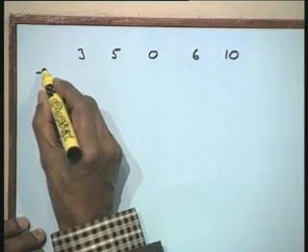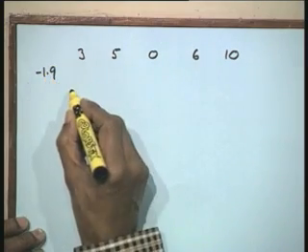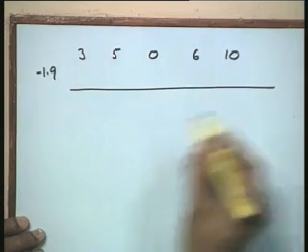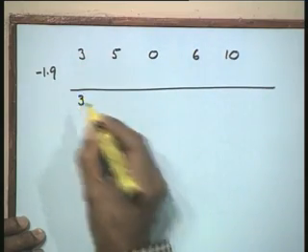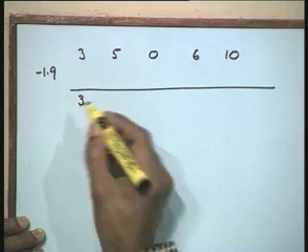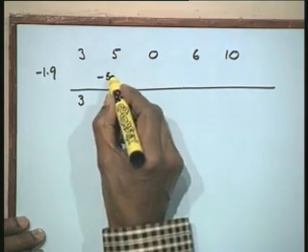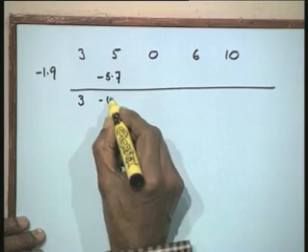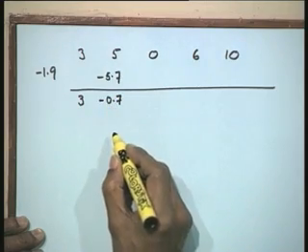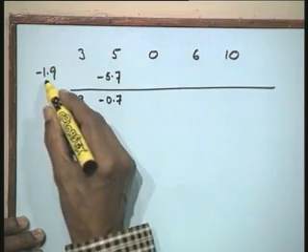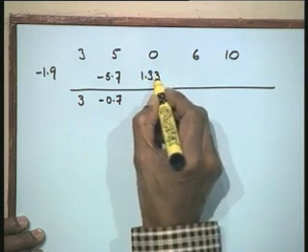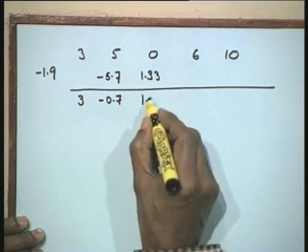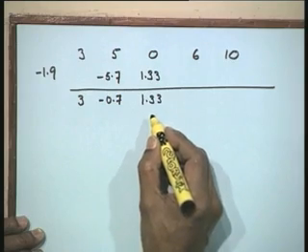Then we apply the Birge-Vieta method with respect to the initial approximation minus 1.9. Therefore b0 is a0, which is 3. Multiply these two, I will get minus 5.7. So I will have here minus 0.7. Then I multiply 0.7 into 1.9, both with the same sign, I will get here 1.33. Add these two, I will get 1.33.